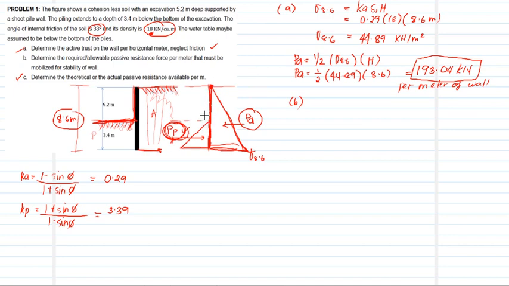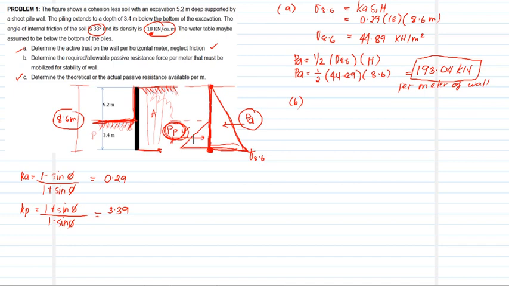So, anong gagawin natin dito? We have to take our moment dito sa ating base. Diba? Pag nag-moment yung PA, yung active natin, active force, and then that is equal to the moment of PP dito sa ating base. Equal siya.